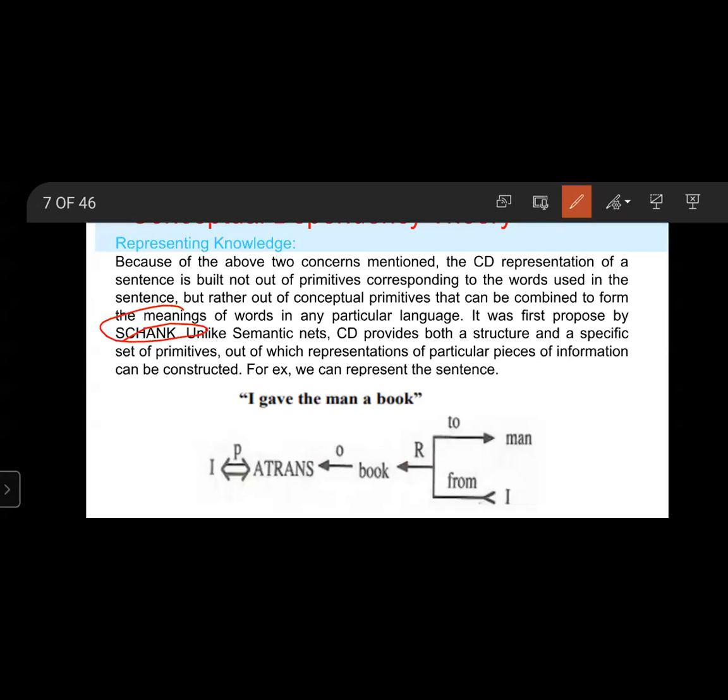For example, we can represent the sentence, I gave the man a book.